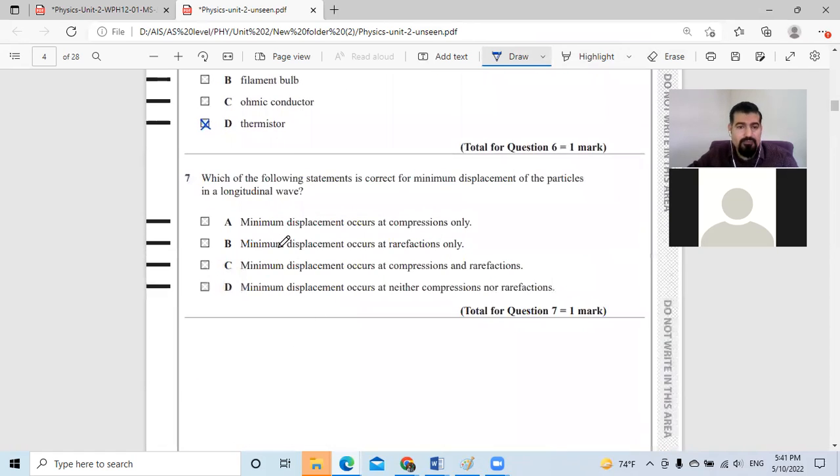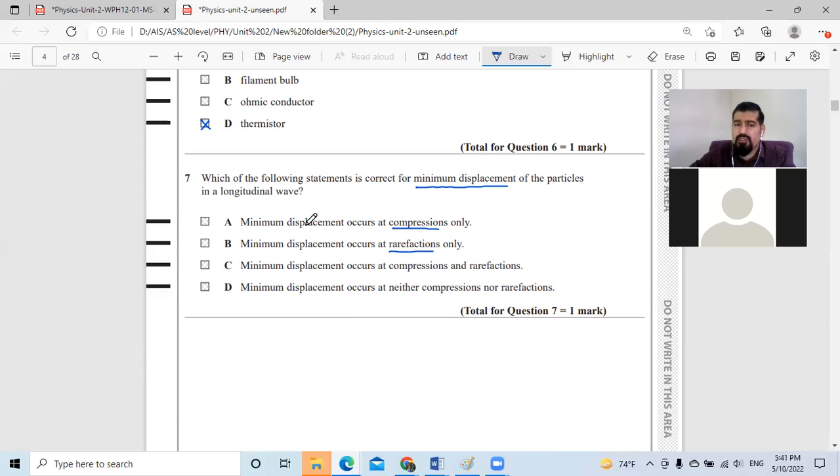Question number 7. Which one of the following statements is correct for minimum displacement of the particle in a longitudinal wave? Minimum displacement occurs at the compression? At the refraction?